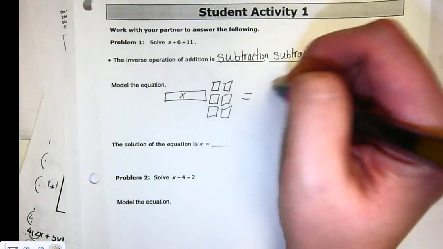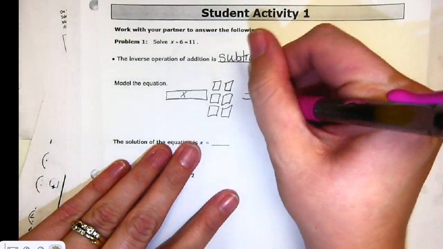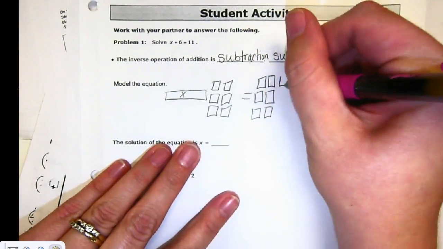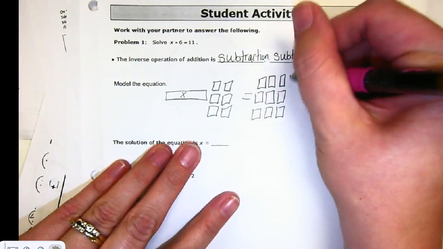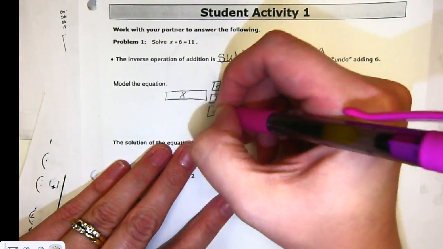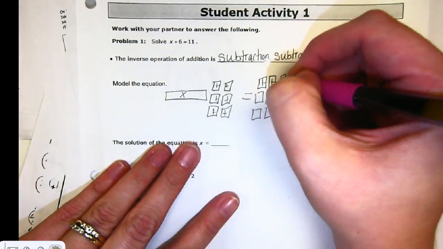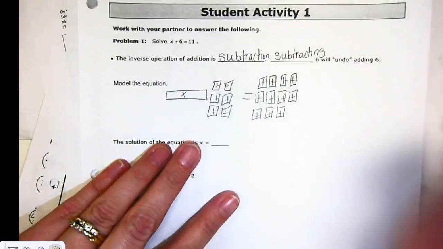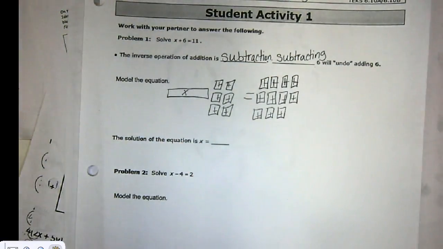Okay, equals 11. Usually when I do this, I'll draw circles instead of squares because it's faster. And those are all positive, so you need to go back and put pluses because we're not taking the time to color them. Some people are okay leaving them blank and then just putting negatives on negatives.